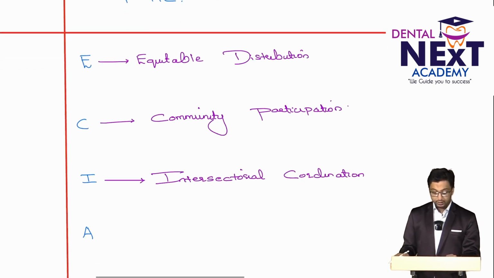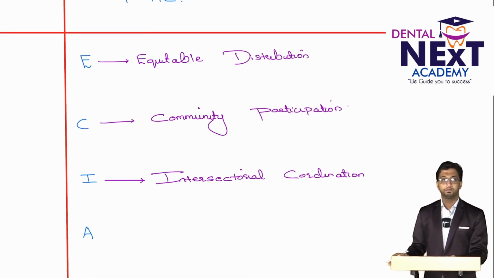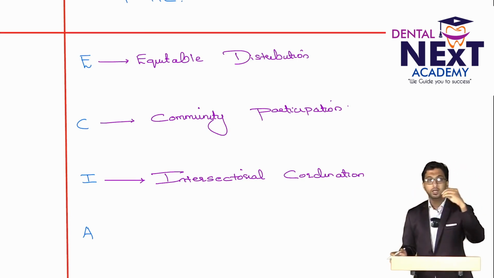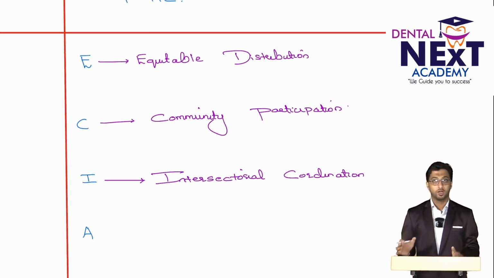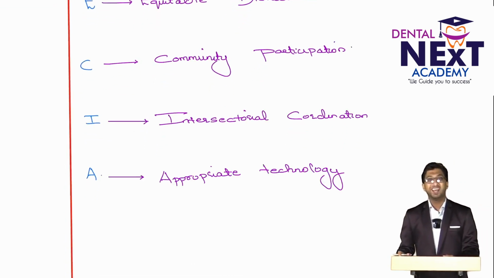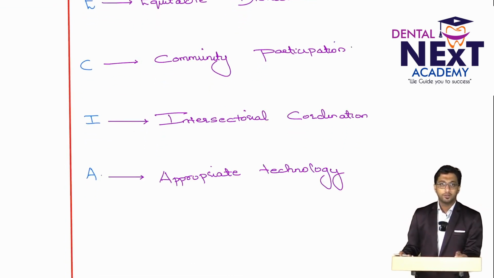Then intersectoral coordination. Again, a part of community participation, that is, different sectors of government should be coordinating things. It should not be left to the people around. Intersectoral coordination is important. Then appropriate technology. It's not like the barbaric age technology should be used. What are the recent technologies? Appropriate technology is a very, very important thing.